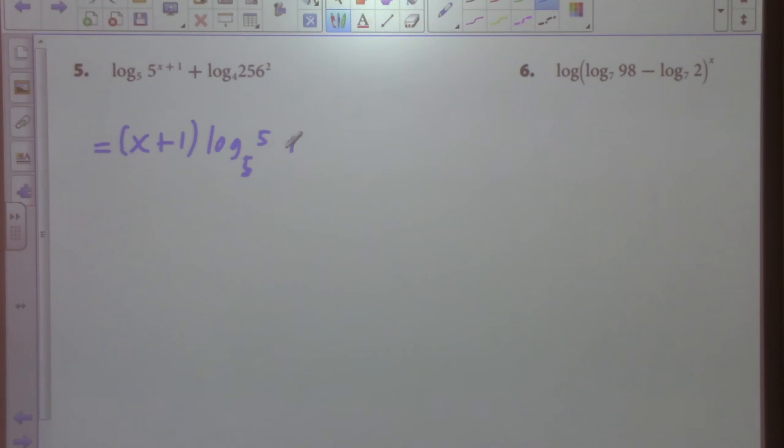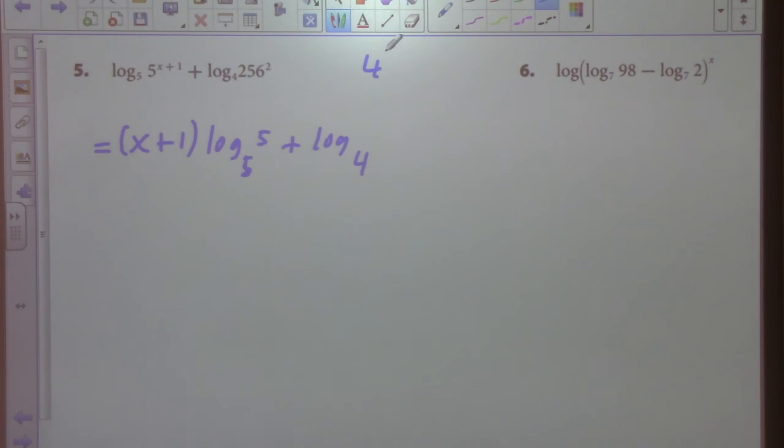And then we have plus log base 4 of 256. Can we rewrite 256 as a power of 4? Four to what power is 256?